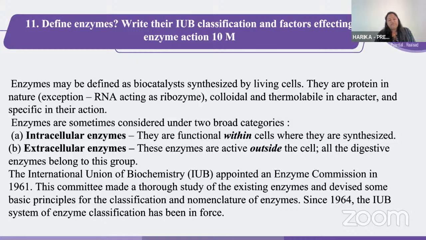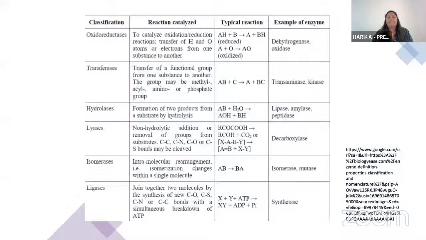This committee made a thorough study of the existing enzymes and their principles, and based upon their action, placed them into different classifications and nomenclatures. In 1961 they made the plan, and from 1964 the classification has come into action.